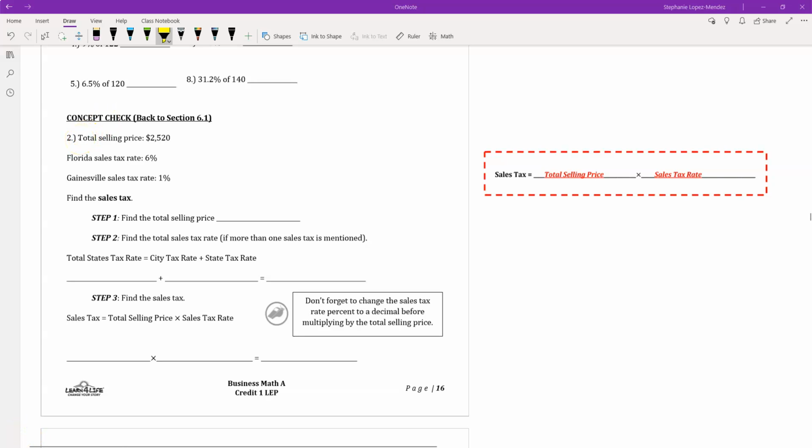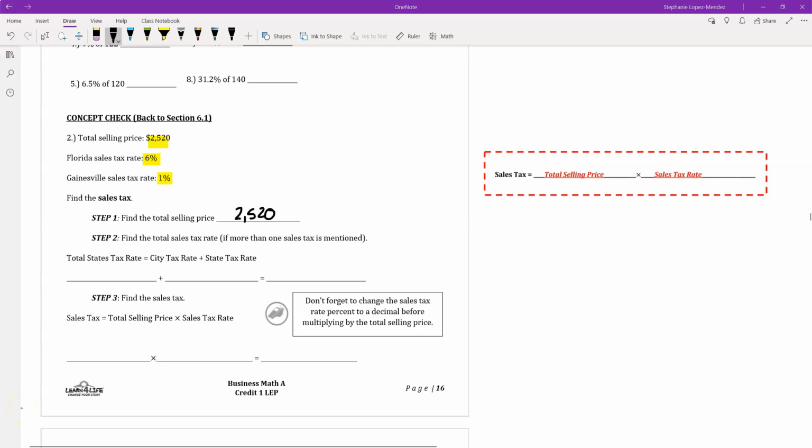So the problem says, the total selling price is $2,520. Our Florida sales tax rate is 6%. And Gainesville sales tax rate is 1%. So on number 1, we say step number 1, we find the total selling price, which is $2,520 according to the problem.